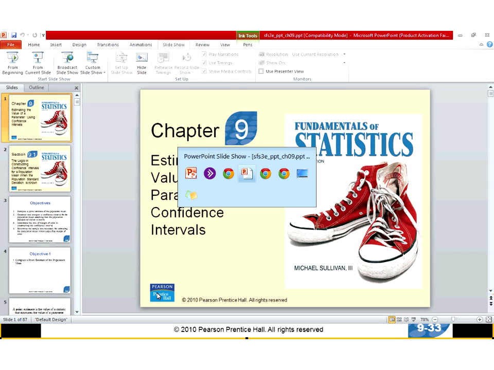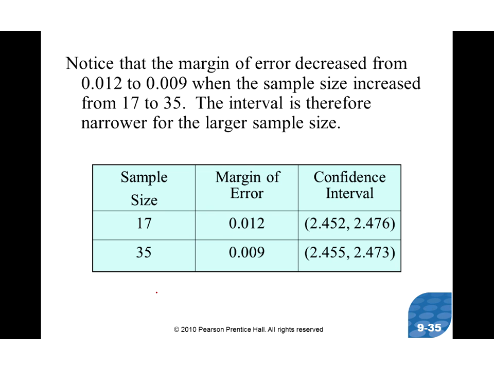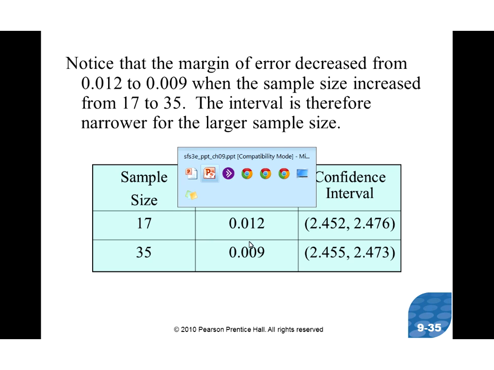There we go. And so they went through the steps and did it. So we had a 0.008 something, they rounded to 0.009. So when you have a larger sample size, your margin of error also decreases because that sample size is in the denominator of the calculation. The larger that is, you're dividing by a bigger number.